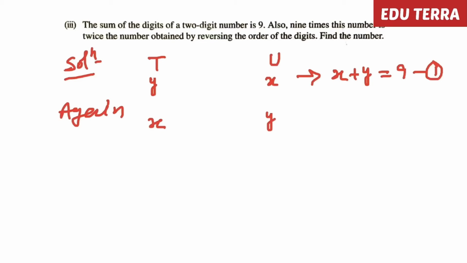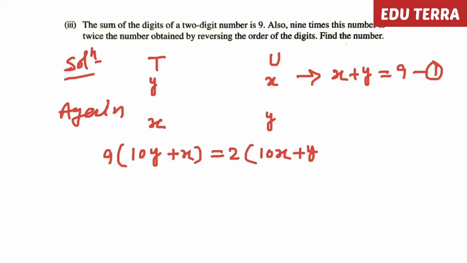So 9 times the number, 9 into 10y plus x, equals 2 into 10x plus y.